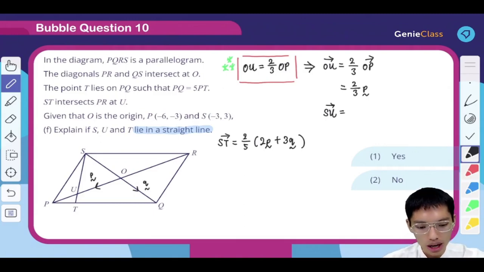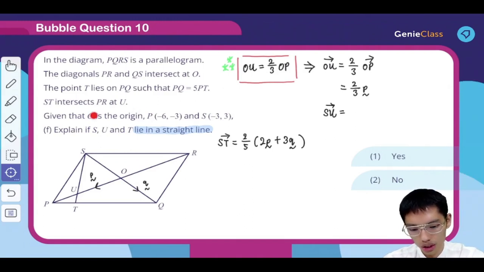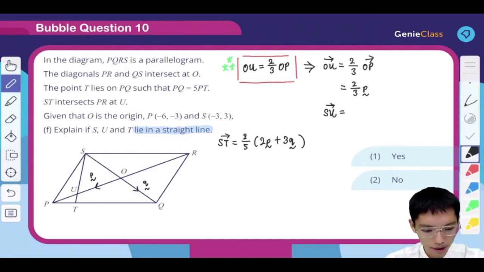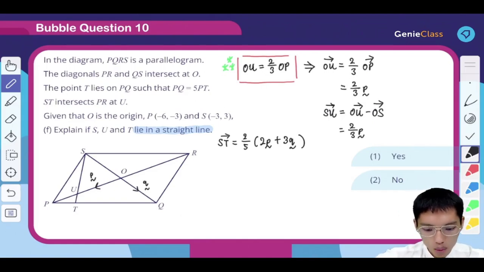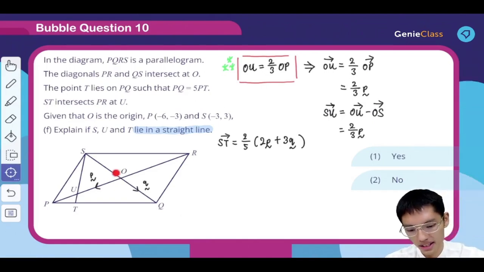What is SU? O is the origin. Take note, it's given in the question here. O is the origin. So therefore, I have OU minus OS. This shortcut is always very useful. So just use it. OU minus OS. What is OS? OS is this direction.